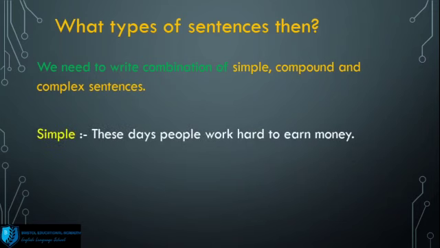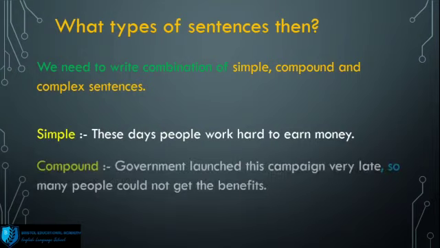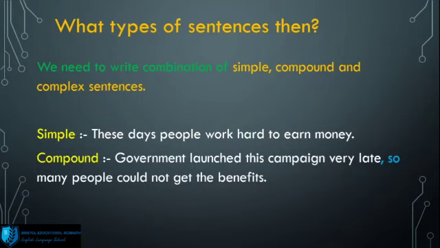So what are simple sentences? Simple sentences are basically ones with a single thought, or you can say one with one independent clause. For example, these days people work hard to earn money. So what are compound sentences? Compound sentences are ones with 2 independent thoughts joined with a comma and conjunction.